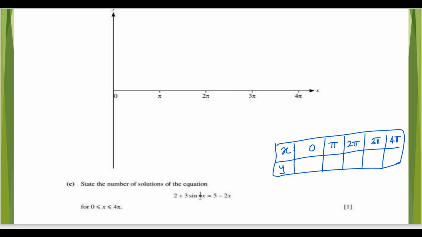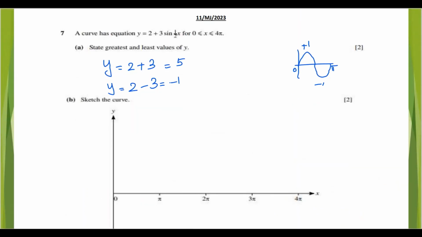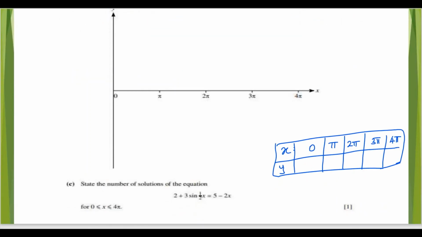Write the corresponding y values. So I will write the function here: y is equal to 2 plus 3 sine 1 over 2x.